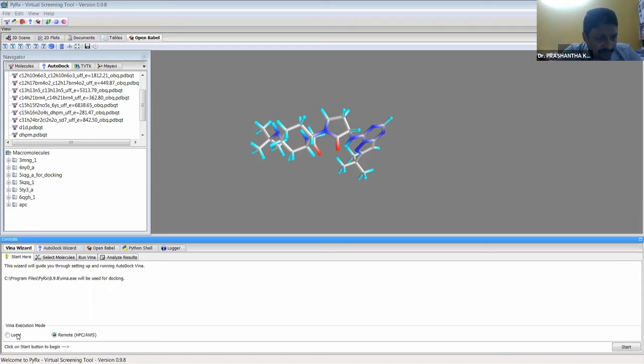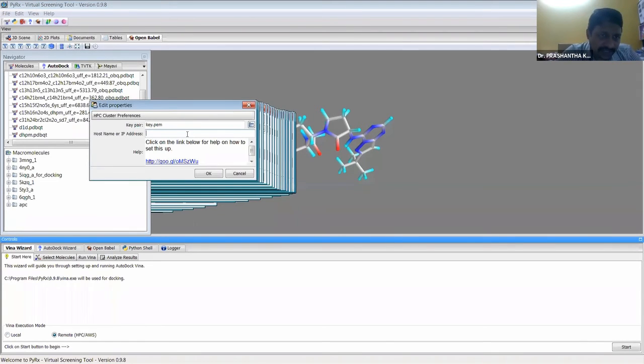Now whether you want to run within that laptop, whatever the RAM and the cores are there, within this it is going to happen. If I select remote, the files will be sent to some other person, or Amazon Web Services or high performance clustering.